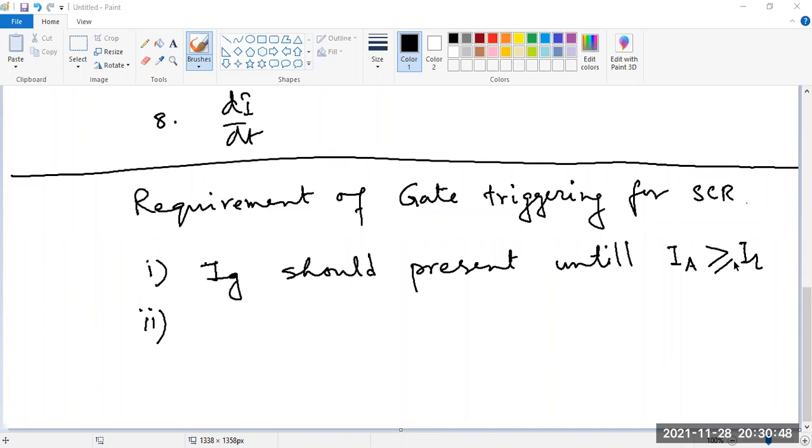So in the very first class I mentioned that for all control devices like the power BJT, power MOSFET, thyristor, GTO, IGBT, we need a separate control circuit, isn't it? Now the control circuit will generate the gate pulse for it.